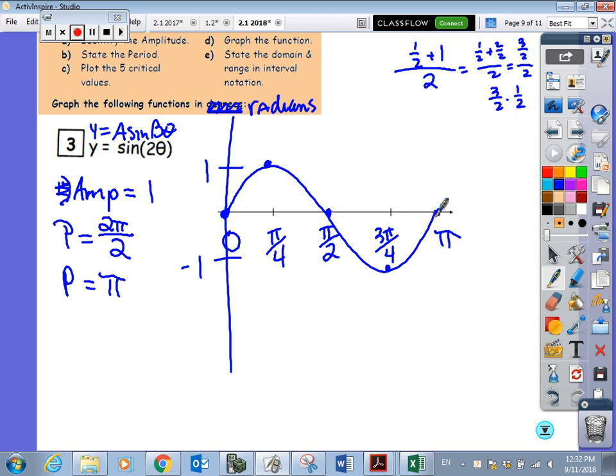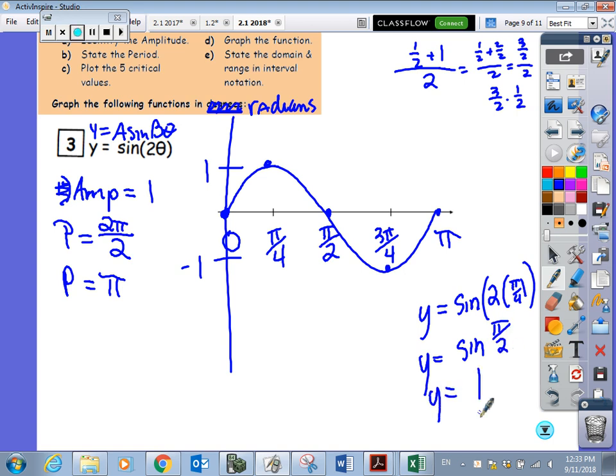Now, earlier someone said, but sine of pi over 4 doesn't equal 1. We all know sine of pi over 4 doesn't equal 1, right? But this is not sine of pi over 4. This is sine of 2 theta. So sine of 2 times pi over 4. If we plug in pi over 4, that's our x value, then we get y equals sine of pi over 2, which is 1.